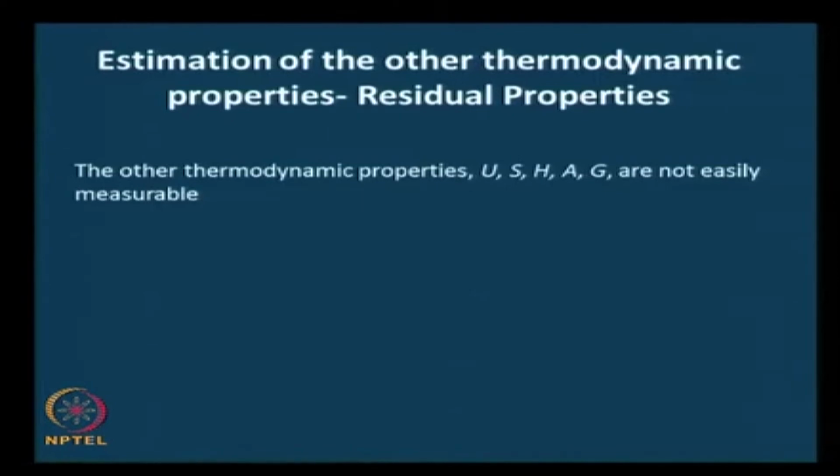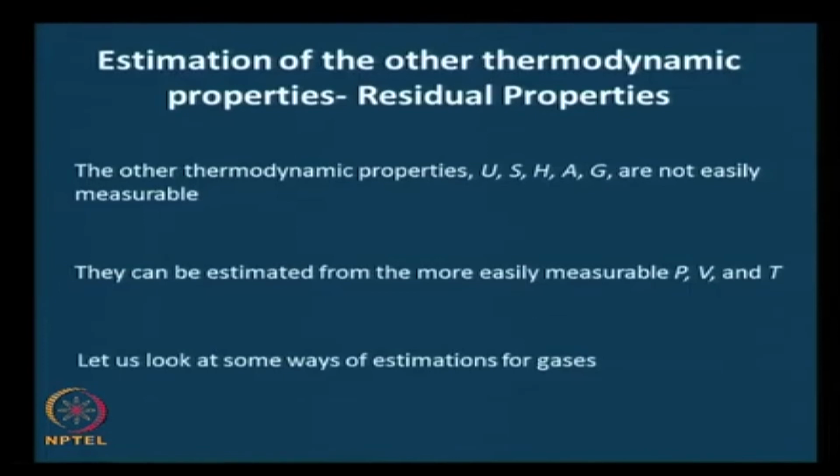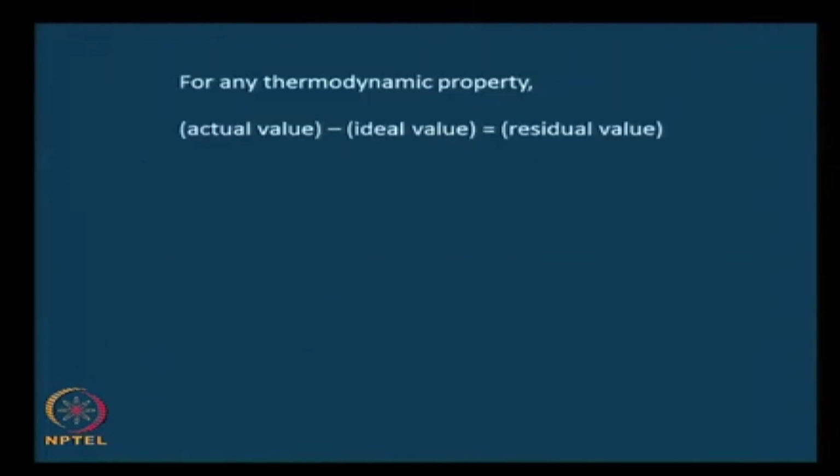The motivation, as we all know by now, is that U, S, H, A and G are not easily measurable. They can be estimated by the more easily measurable PV and T, and we are going to limit ourselves to gases to begin with. Pay a little bit of attention to this.